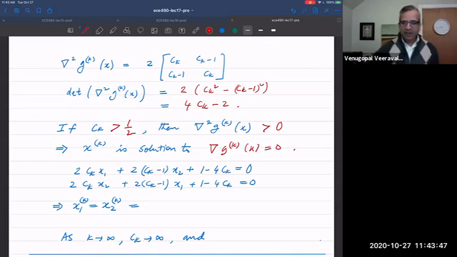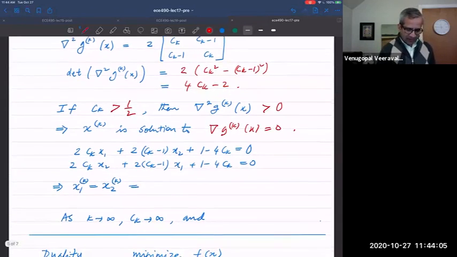Again, we're being systematic about this because first we need to confirm convexity, in this case strict convexity through the Hessian, and then we can solve for the gradient equal to 0.